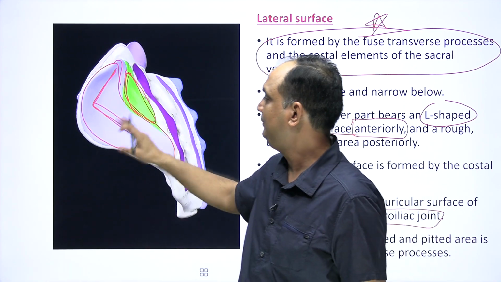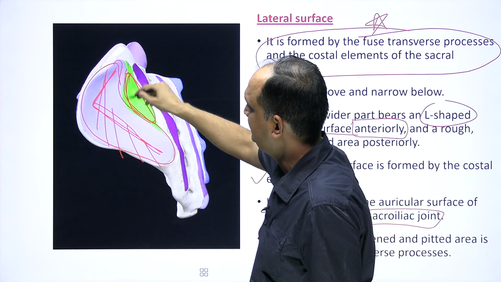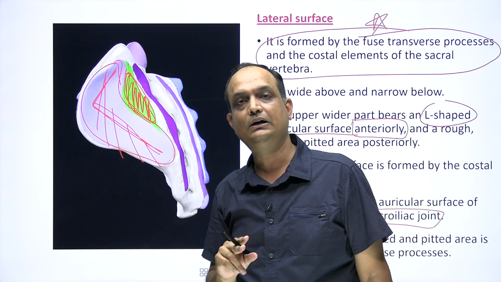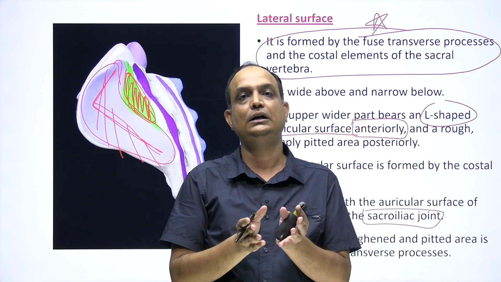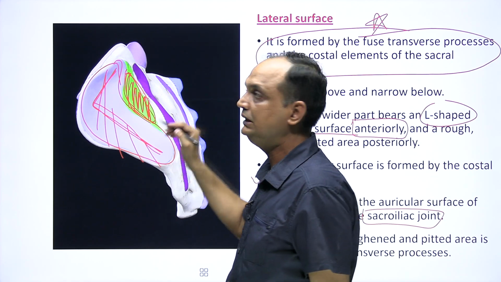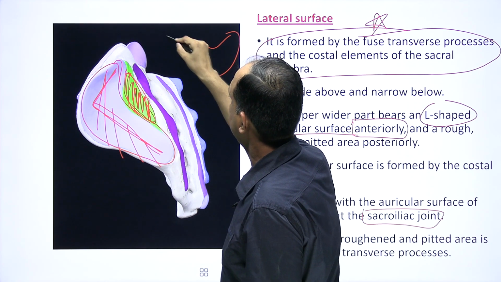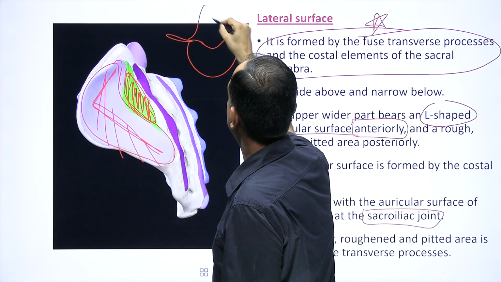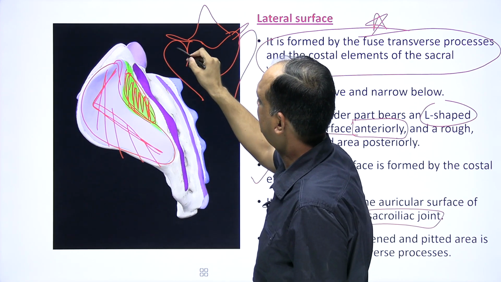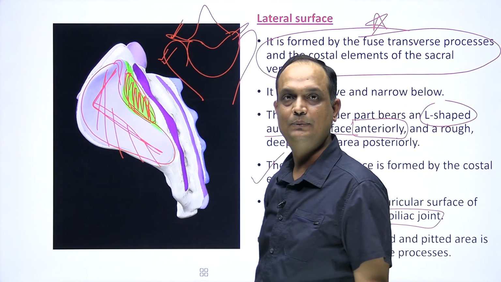So in the lateral part, you can see that this is actually the costal element, this is the transverse element, and again the same concept will come, that when you are talking about the placement of a rib on the thoracic vertebrae, you always have the ribs placed anterior to your transverse process. The ribs will come here. So the transverse element is always posterior to the costal element.